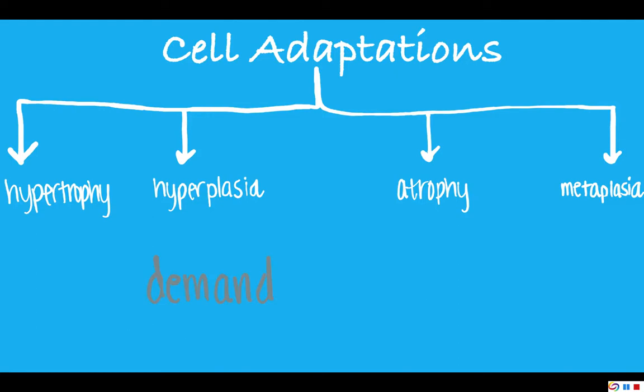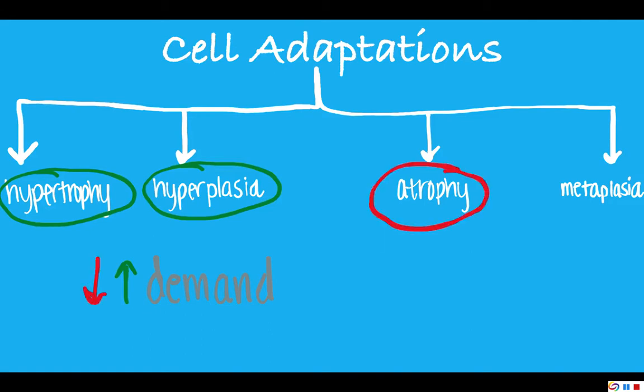So if we increase the demand for something, the cells are going to respond by either getting bigger, hypertrophy, or having more cells, hyperplasia, or it can be a combination of the two. So an increased demand is usually going to respond by hypertrophy and or hyperplasia. Now, if you decrease the demand, that's when you're going to get atrophy, or shrinking of the cells, right?